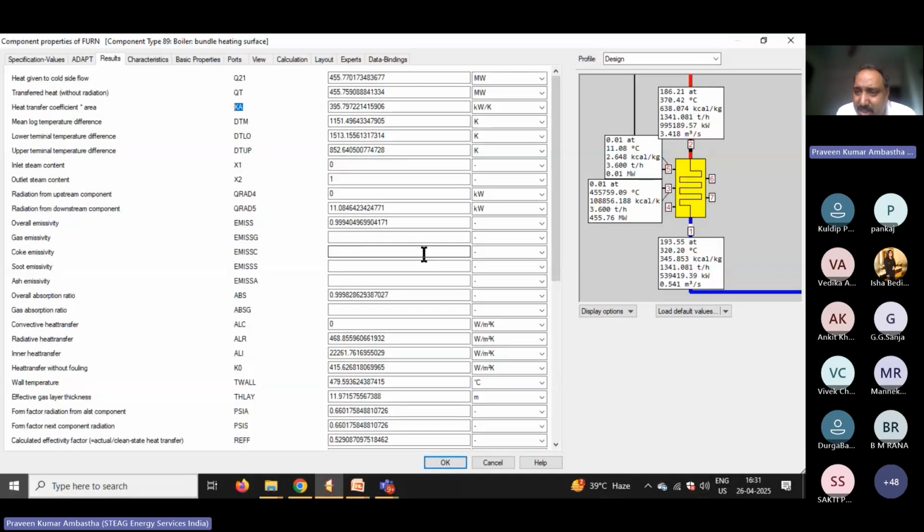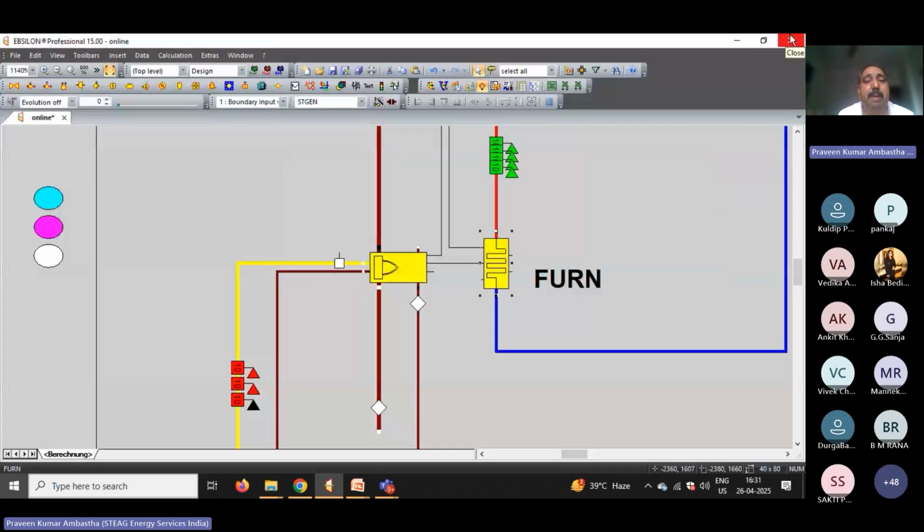So one thing is that we use this digital twin to calculate the heat transfer coefficient. It helps us find out whether my surface is really dirty or not dirty, and accordingly we take the decision whether to do the soot blowing or not. So the efficiency of the surface is completely based on the heat transfer coefficient.